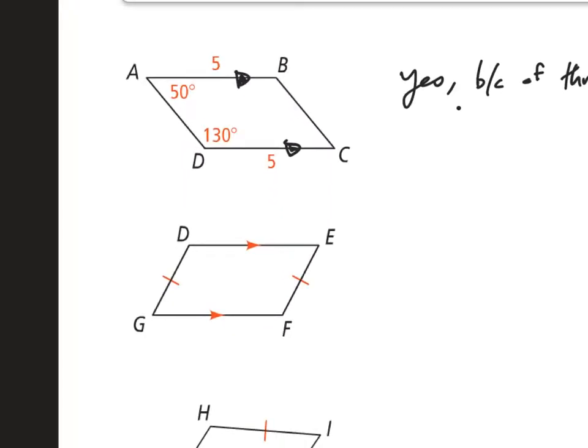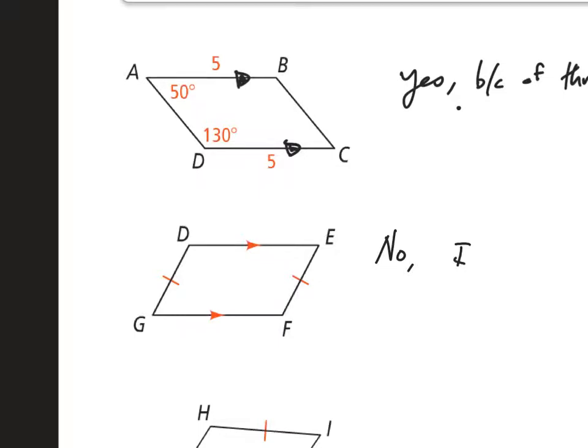Looking at my next example, I have quadrilateral DEFG. Is this enough? And the answer is no. All right. I have one pair of sides being parallel. I have one pair of sides being congruent.